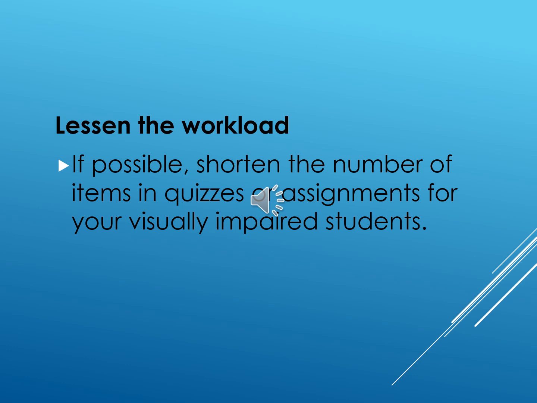Concrete example is that if you're having a lesson on simplifying or proving trigonometric identities, and you are providing a 10 item test to your class, then probably you can have it lowered to 7 or even 5, as long as you are testing the same competency or the same skill.